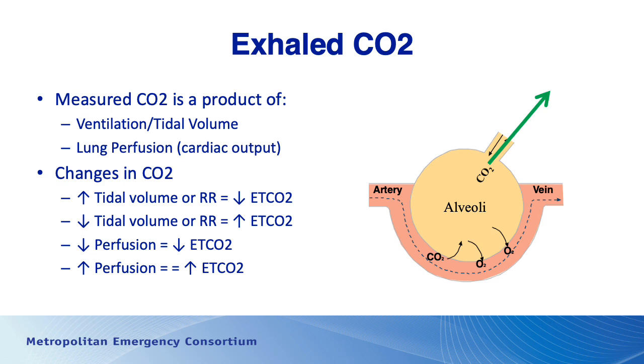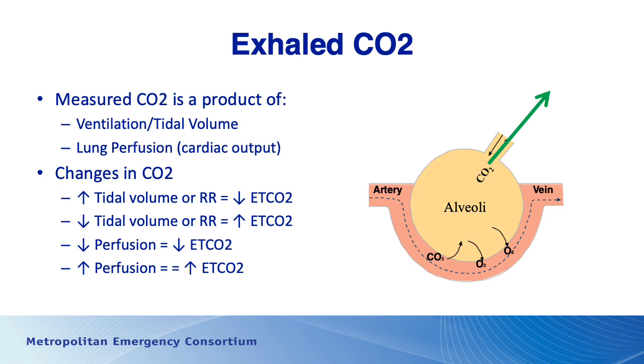If you look at it from a perfusion perspective, if you reduce perfusion of the lungs, which is primarily what we'll see from a perfusion issue, there will be less carbon dioxide delivered to the alveoli, meaning there'll be less carbon dioxide in the exhaled air.